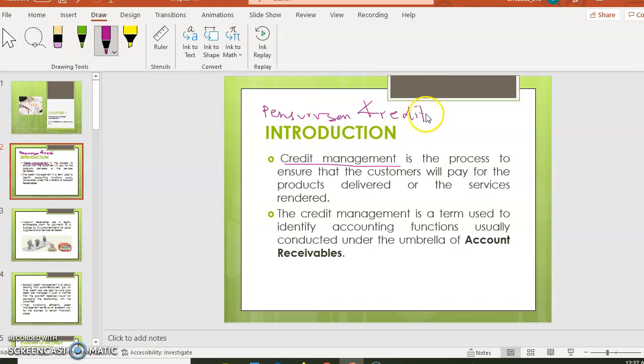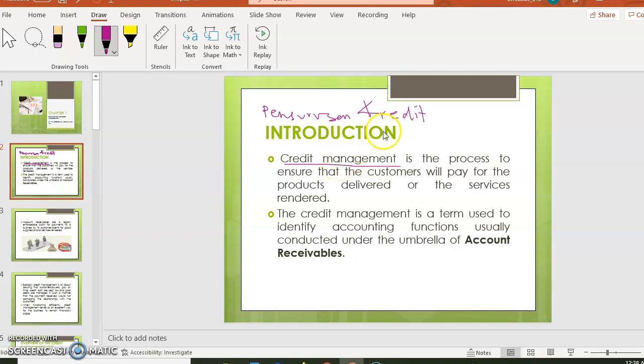So dalam chapter ni, kita nak identify dan kita nak tahu apa yang dimaksudkan dengan pengurusan kredit, apa kegunaannya.